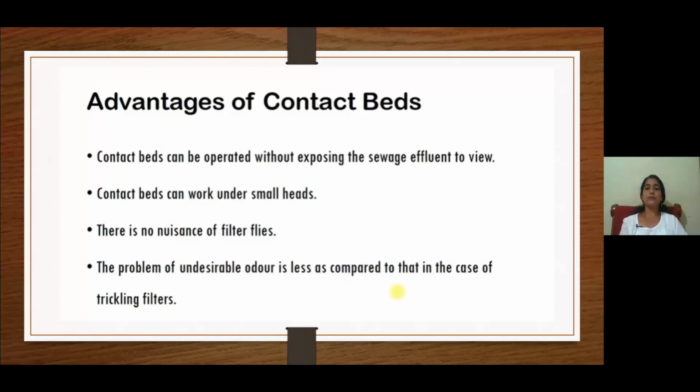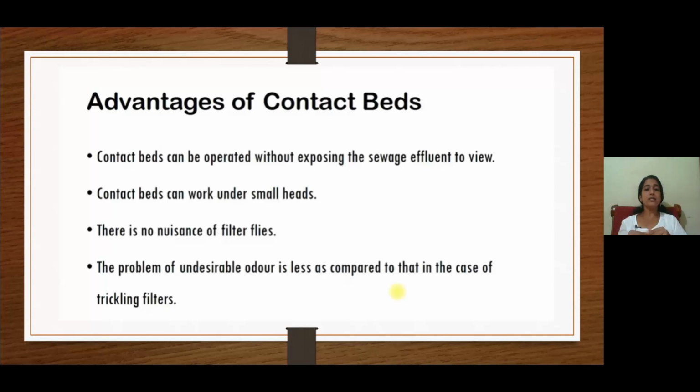Then the advantages of contact beds. Contact beds can be operated without exposing the sewage effluent to view, because they are very small tanks. Then we can cover the entire area so that the sewage effluent view can be blocked. The contact beds can work under small heads because they are designed for a very small quantity of wastewater.